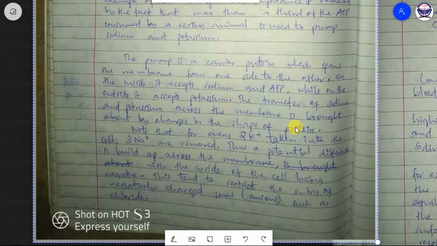And as we said, the changes in the shape of the protein require energy in the form of ATP. Note that for every 2 potassium taken into the cell, 3 sodium are removed. So the pump does not pump an equal amount of potassium and sodium across the cell surface membrane.